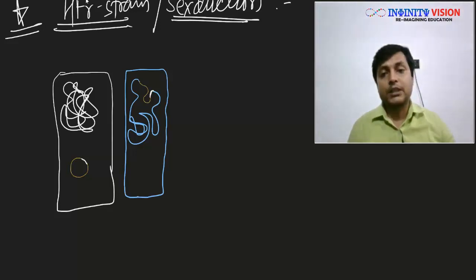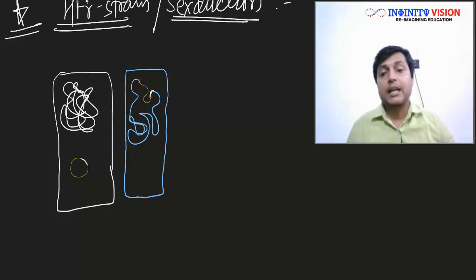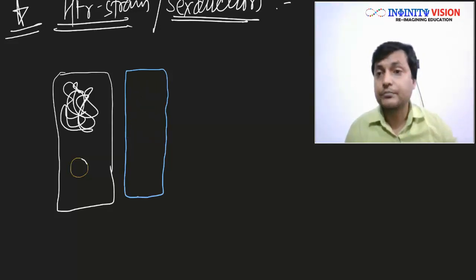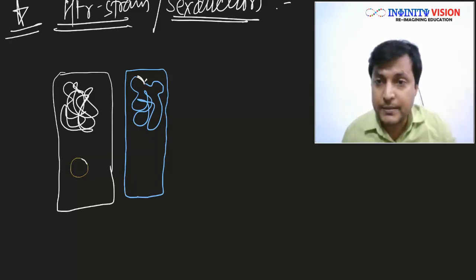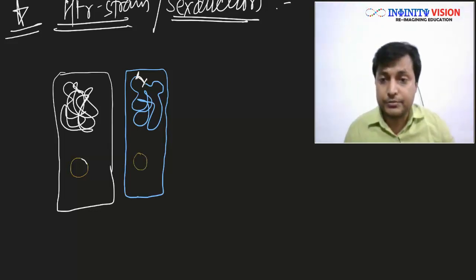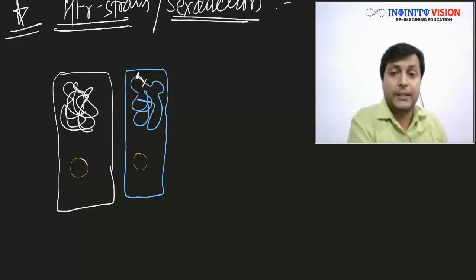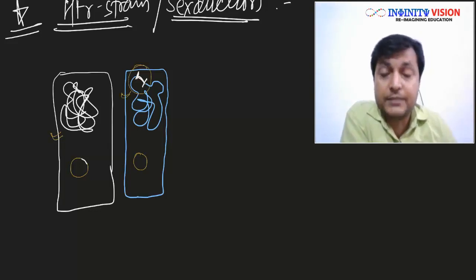After some time, again what happens is this gets cut, and this time the cutting is at the right place, at this point and this point. What will happen? Let me redraw again. There will be this part which has this portion from the previous bacteria, and it will get the plasmid alone, right? So can you see, during this entire process, the DNA from this bacteria got transferred into the another bacteria, this region, correct?